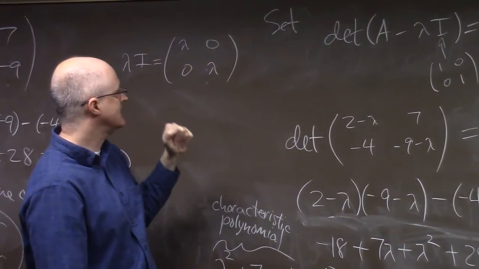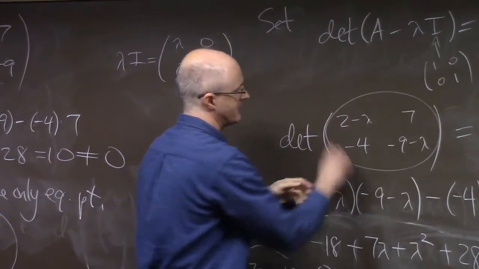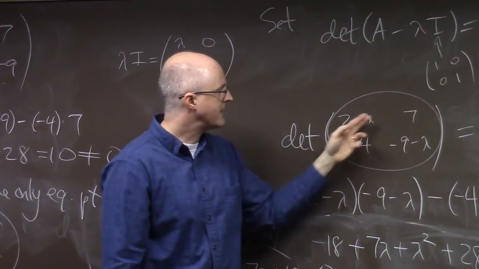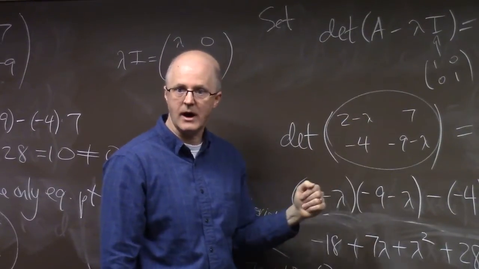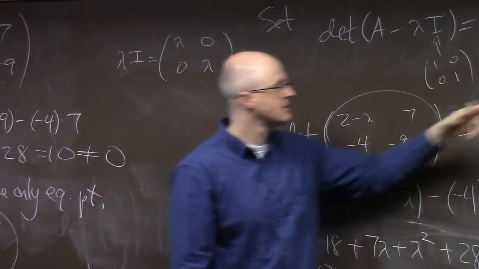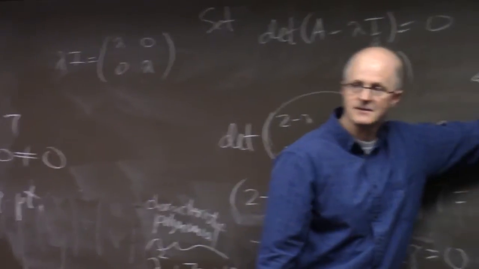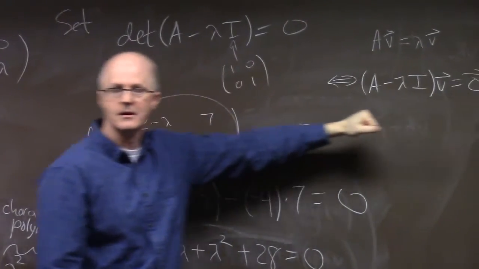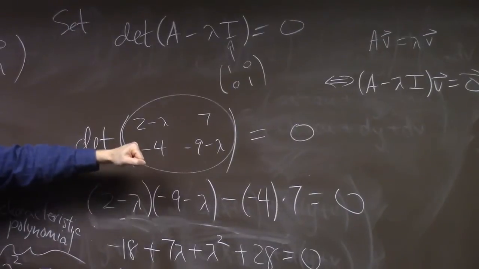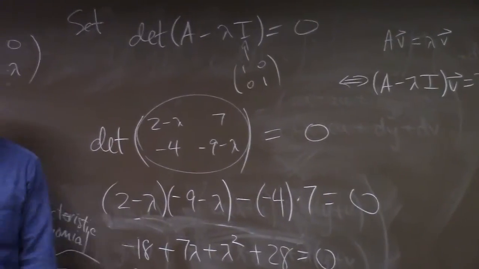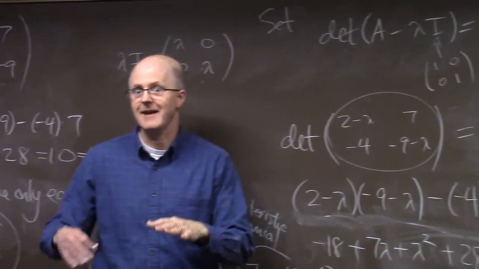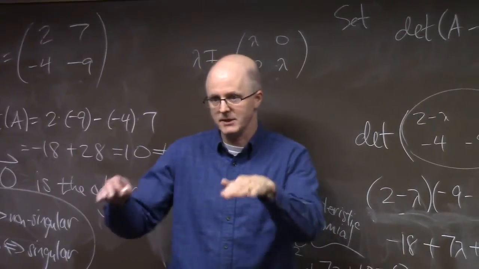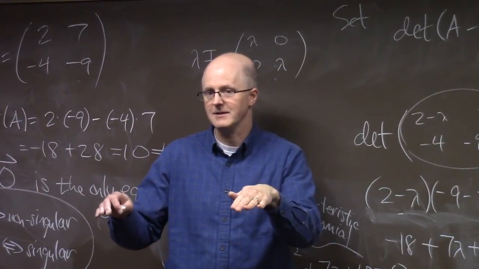In other words, you can really just think about this matrix and think about these numbers as being coefficients of x and y in a system of equations where you have 0 on the right-hand side, 0 and 0. And in fact, if you've done things right, you can just think about one of those equations and not the other because they should be scalar multiples of each other if you've done it right.